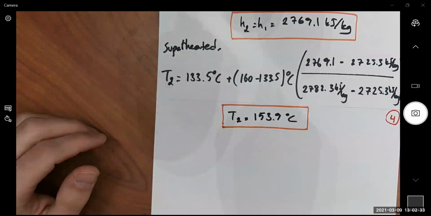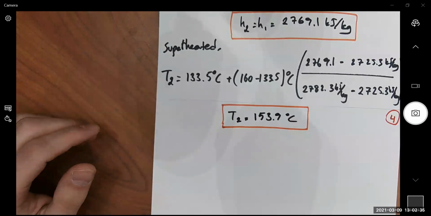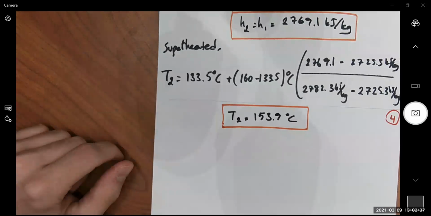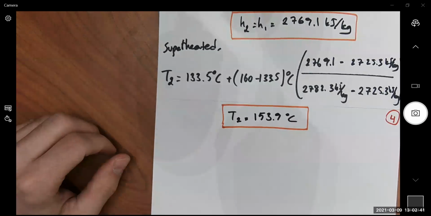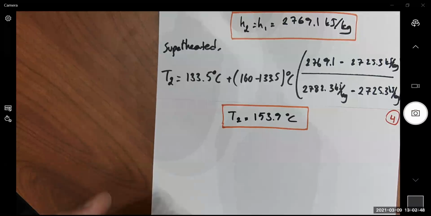I think you have one question about this in your assignment. So I think it's enough for throttle. Okay, let's move on to the next device, which is the heat exchanger.